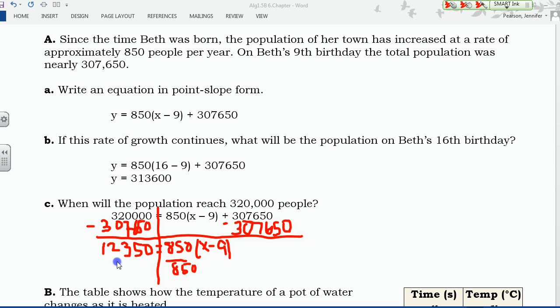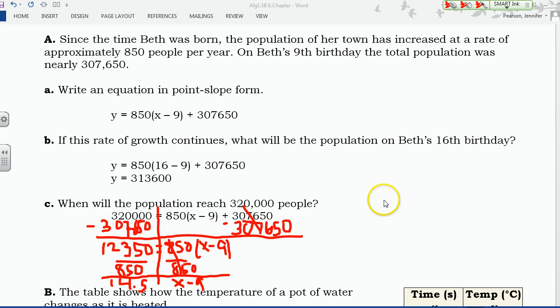I think we have a tendency to distribute when we see that 850 in front, but it's actually a lot easier, fewer steps, if we just treat our PEMDAS in reverse: the add subtract first, going backwards, the multiply divide second, going backwards, and then our last step will be to attack the parentheses. I get 14.5, and then I can bring down the x minus 9. Now that there's nothing outside the parentheses, I can drop them.